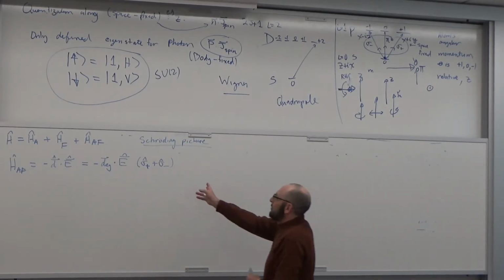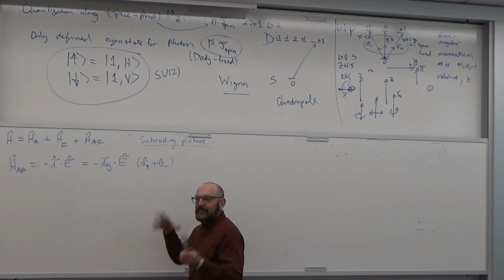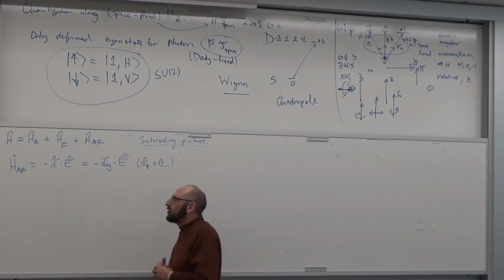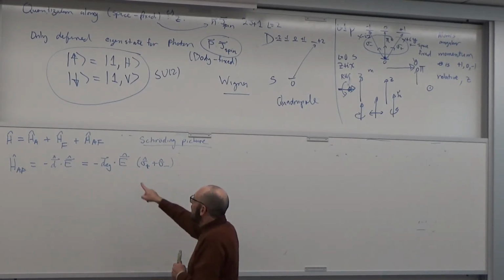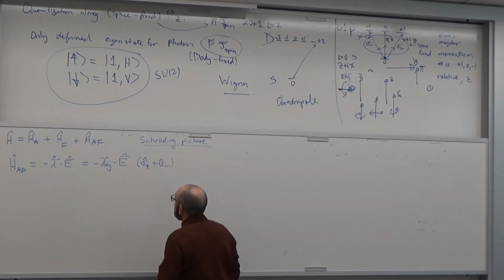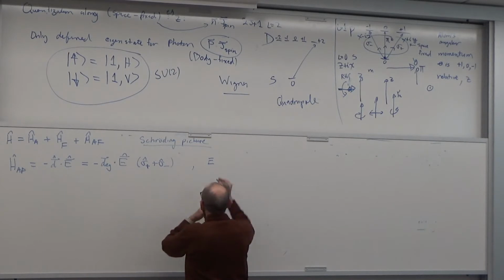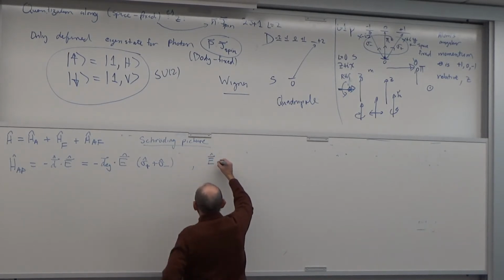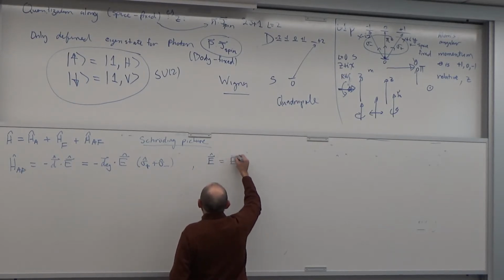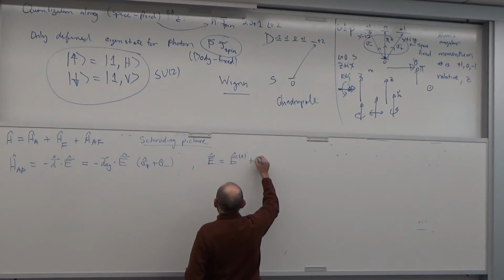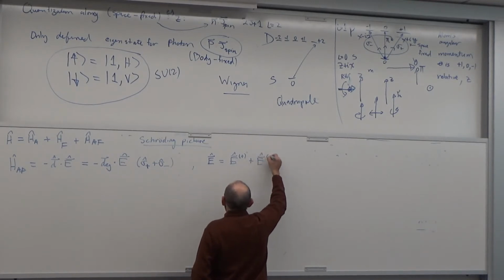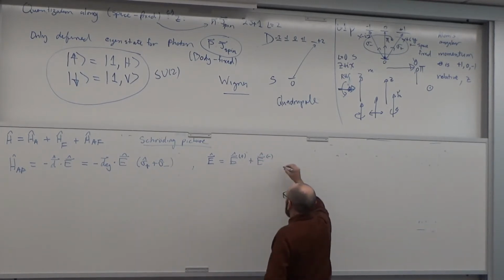That's why I can put this on this side in a carefree way. Okay, so now I want to plug in for this. I'm going to write E is equal to E plus plus E minus, where E minus is the conjugate of E plus.